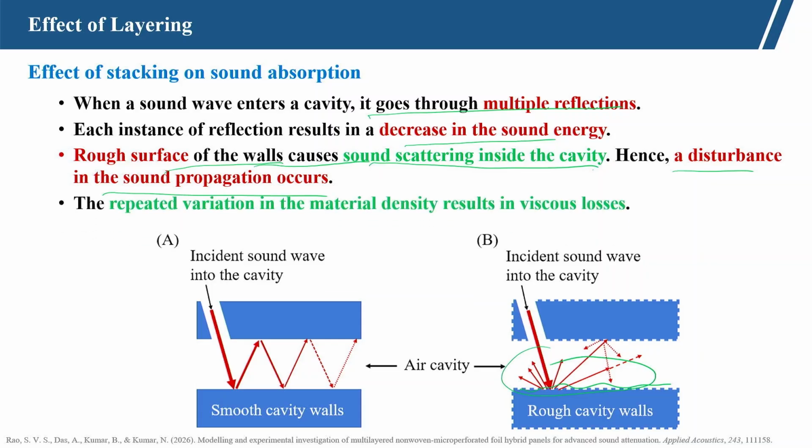The repeated variation in material density also results in viscous loss, because there is a relatively denser surface material for the nonwoven, and when it comes to the air cavity, the material density varies, which results in viscous loss.